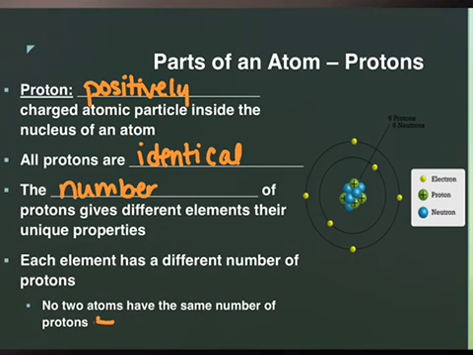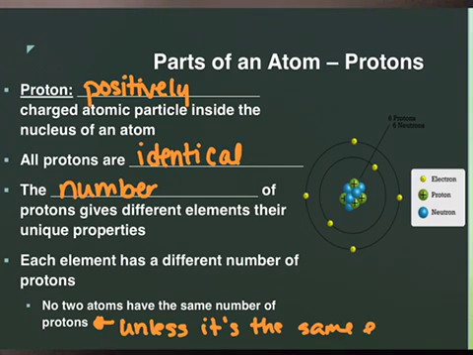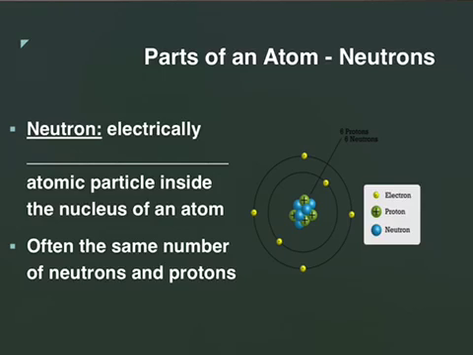Another way to think about it is that no two elements or no two atoms have the same number of protons unless it's the same element. So again, protons are positively charged and they're located inside the nucleus.